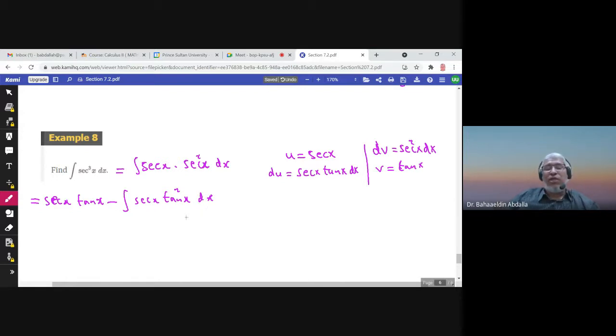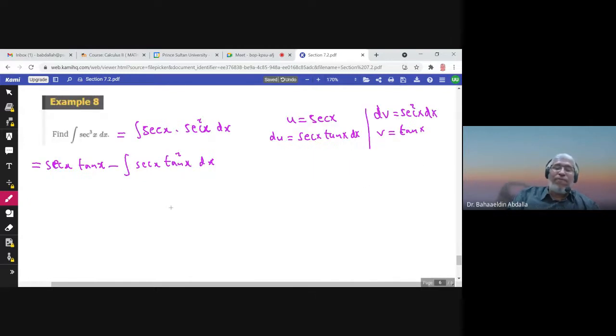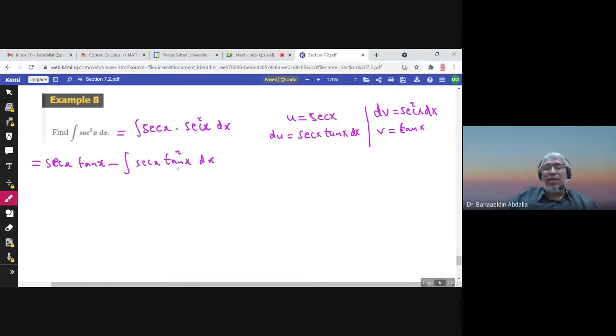And how to find this new integral? Well, I will write tan squared as secant squared minus 1. So this would be secant x tan x minus the integral of secant x times secant squared x minus 1.